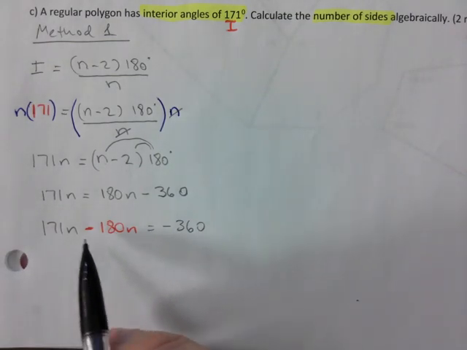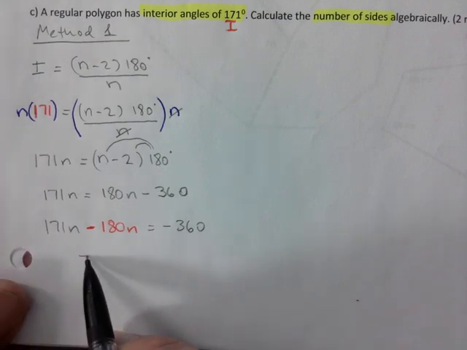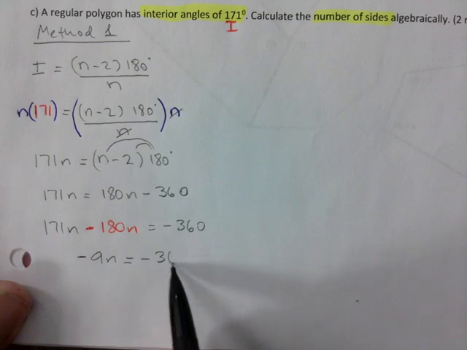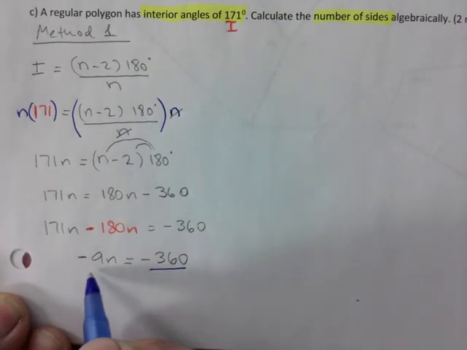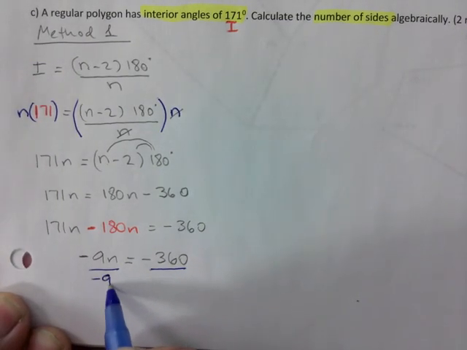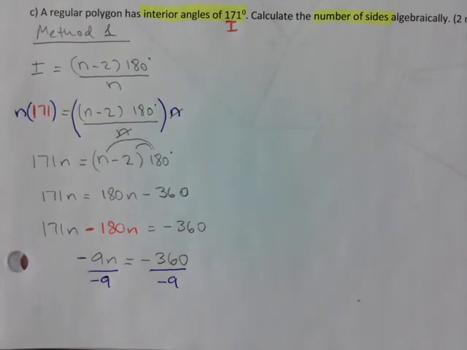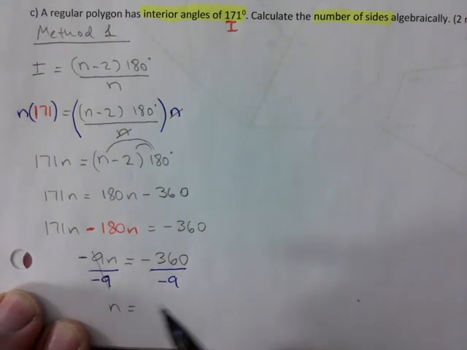Whether you see it or you use your calculators, that would be negative 9n is equal to negative 360. And because of the negative on the other side, it's always going to work out still. Okay, so I'm going to divide both sides by negative 9, because the double negative here will turn into a positive value. So n is really 40.